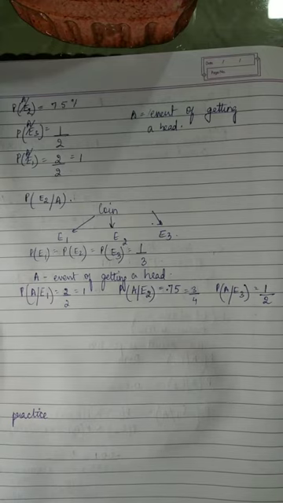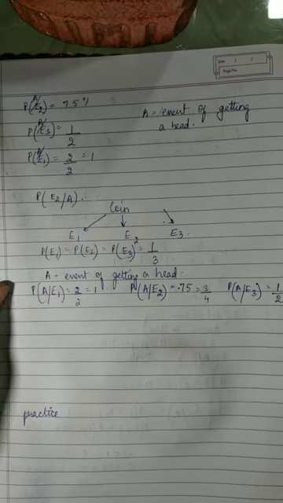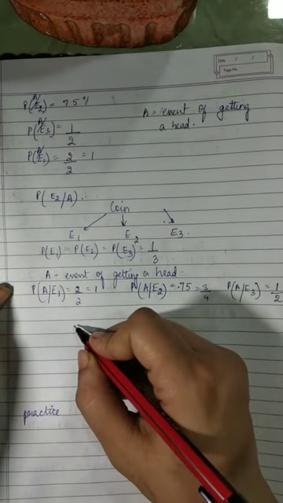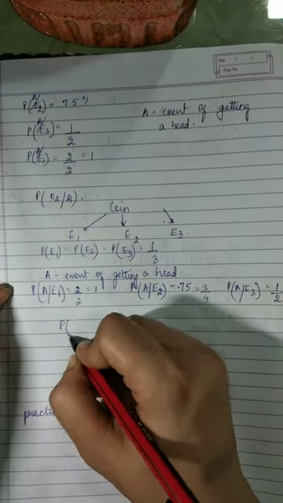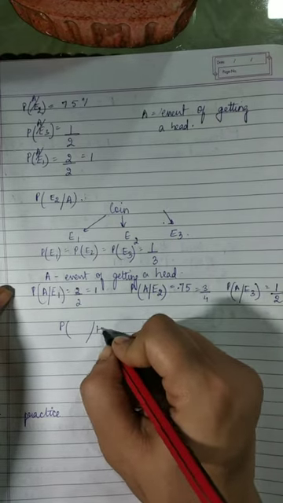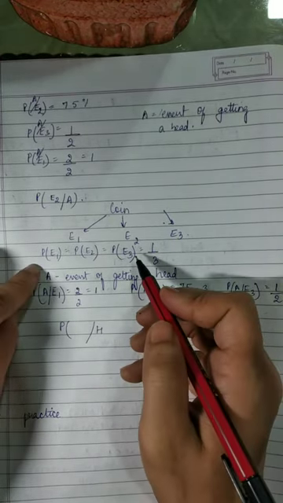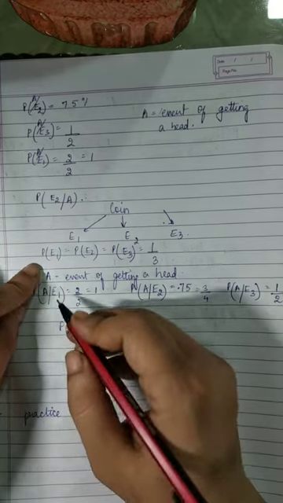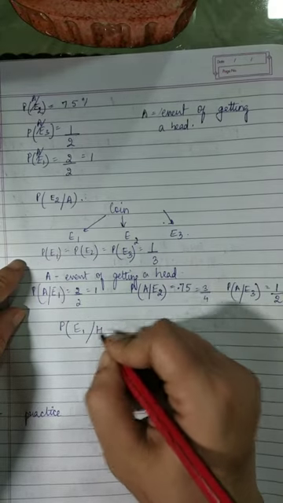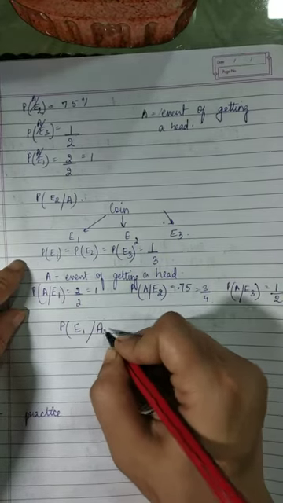We have to find the probability that it was the two-headed coin, right? So we have to find the probability of a two-headed coin given that we get a head. The condition is getting a head, and the two-headed coin is the first one. So we have to find P(E1/A), right?